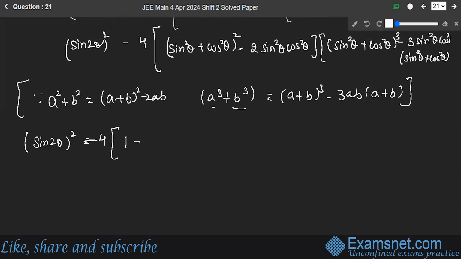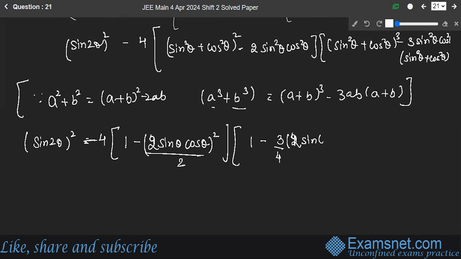This will be 1 minus, I can write it like this, (2 sinθ cosθ upon 2) whole squared. And this will be 1 minus 3 by 4 into (sinθ cosθ) whole squared into 1.